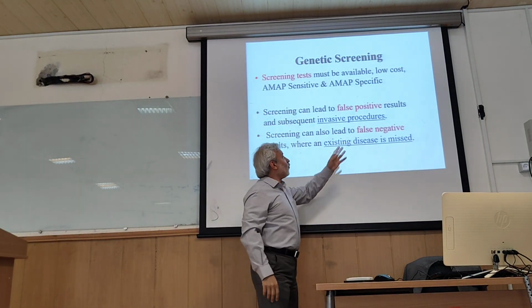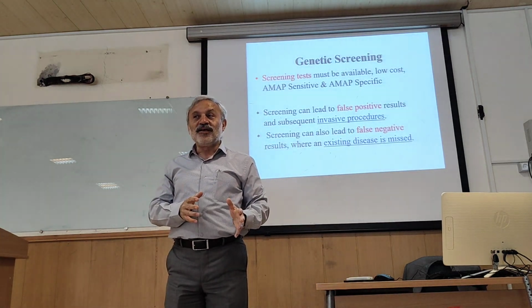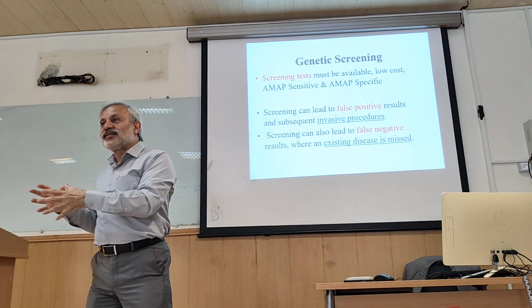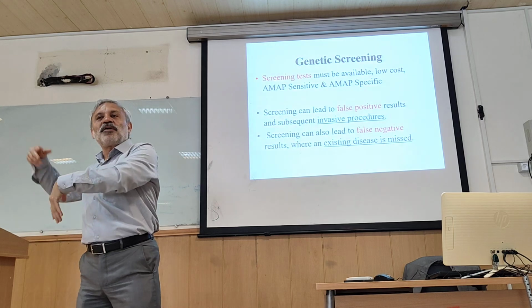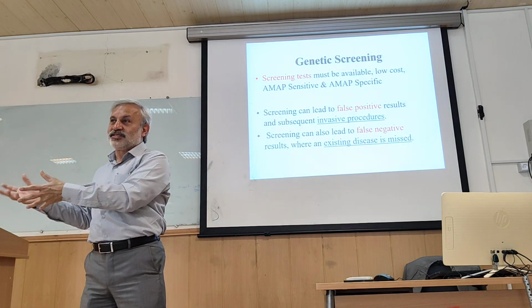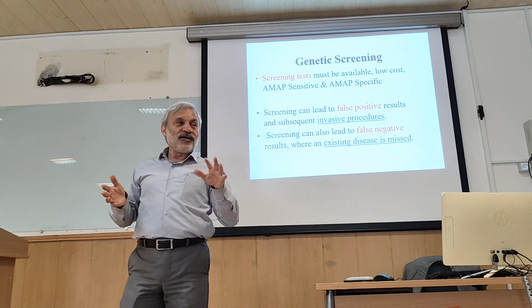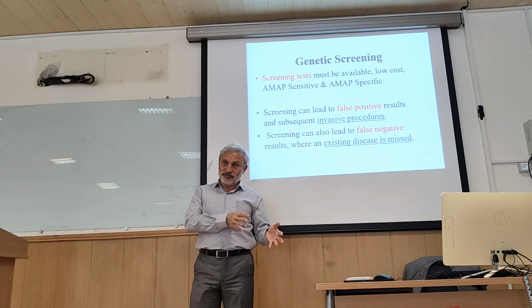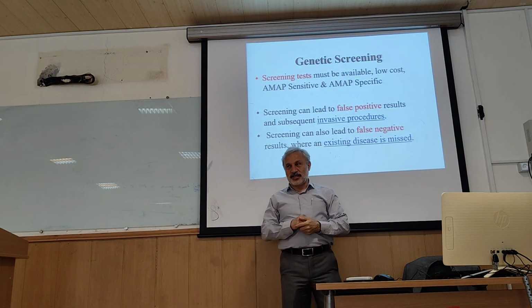But false positive is not about sensitivity, it is about specificity, where maybe the test is not specific for HIV and some other thing shows positive. Now you understand the difference between sensitivity and specificity, and about false positive and false negative.